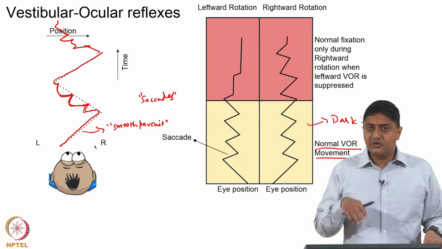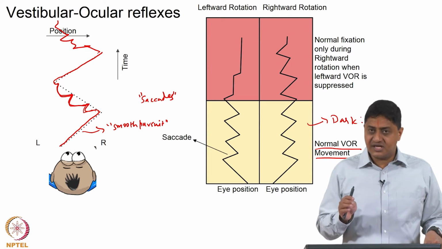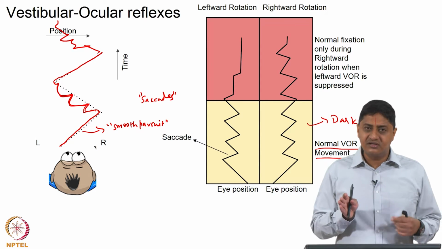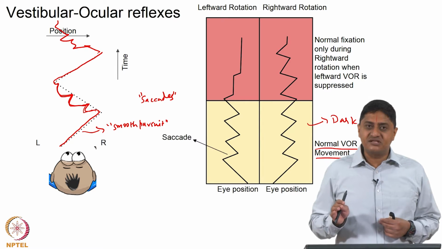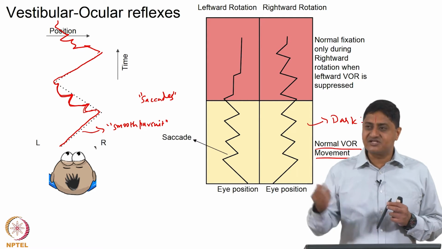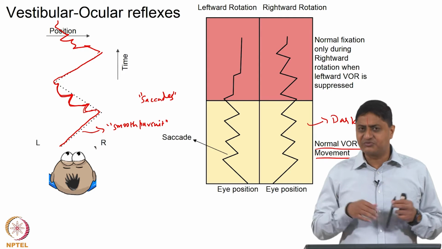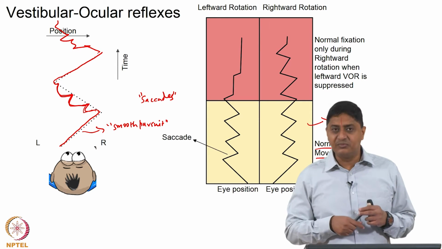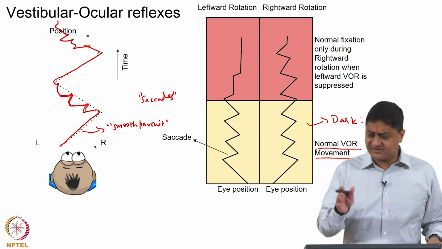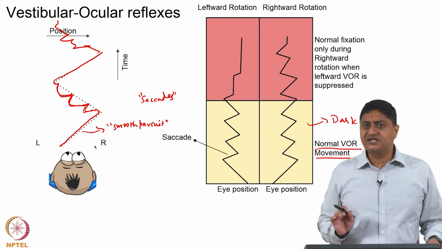You are rotating on the chair, and suppose an object is attached to the chair, so there is no relative movement of this object with respect to the chair. Suppose I have a stick that is somehow held in place relative to the movement of the chair. As the chair is moving, the stick is also moving.